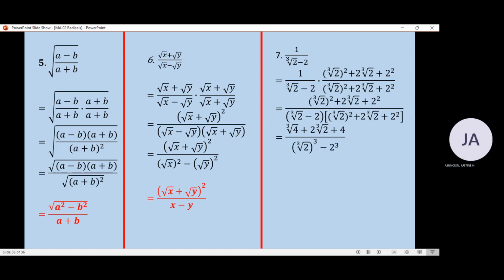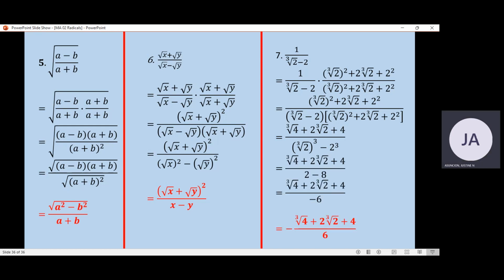The cube root of 2 cubed is just 2, and 2 cubed is 8. So 2 minus 8 is negative 6. Then our numerator is the cube root of 4 plus 2 times the cube root of 2 plus 4. So our answer here is negative the cube root of 4 plus 2 cube root of 2 plus 4, all over 6.